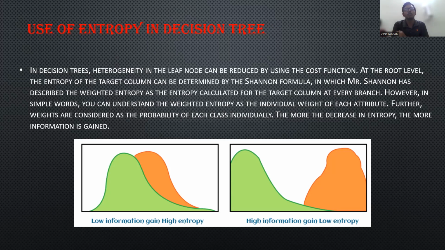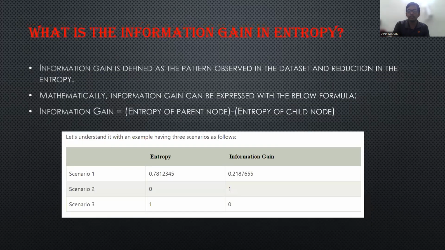In simple words, we can understand the weighted entropy as the individual weight of each attribute. Further, weights are considered as the probability of each class individually. The more the decrease in entropy, the more information is gained. Low information gain means high entropy; high information gain means low entropy.